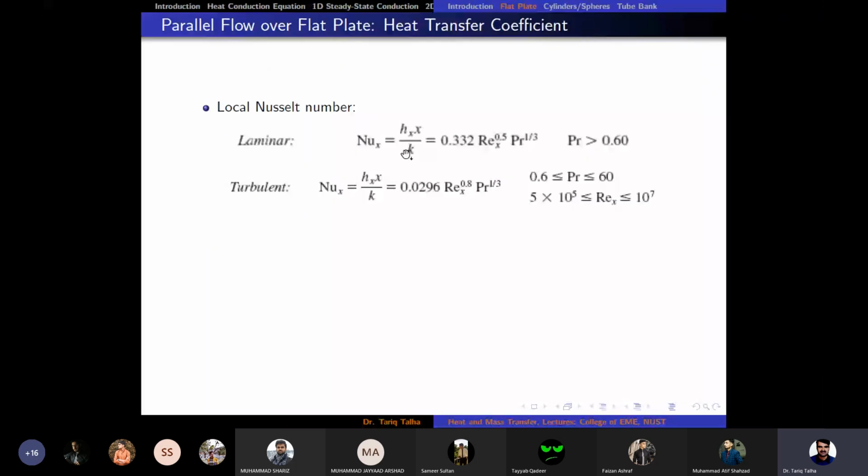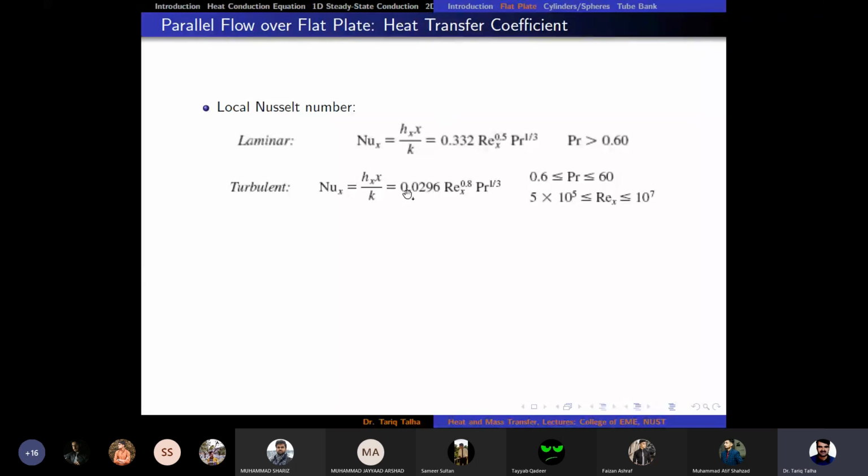The value of C is 0.332, the Reynolds number exponent m is 0.5, and n is 1/3, which is 0.334. So for laminar flow, the local Nusselt number would be equal to this value, and it is only applicable when the Prandtl number is greater than 0.60.